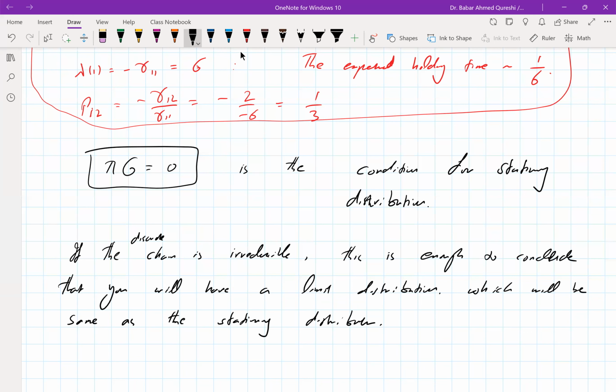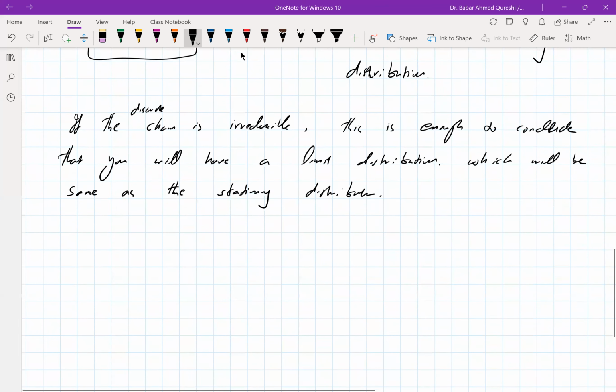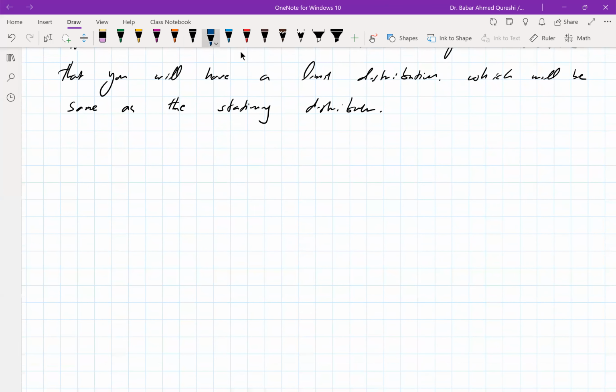Now, one class of these models is the birth-death models, birth-death processes. So what is this process?